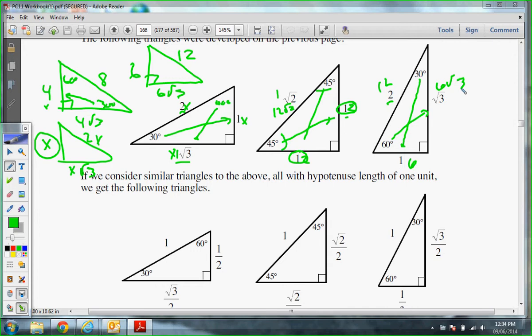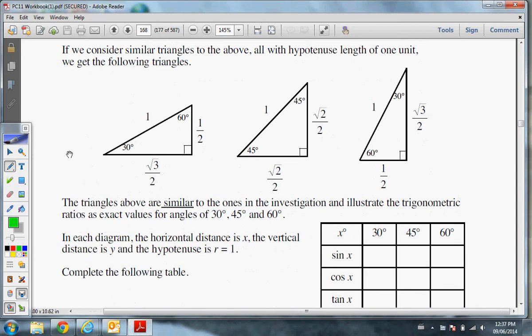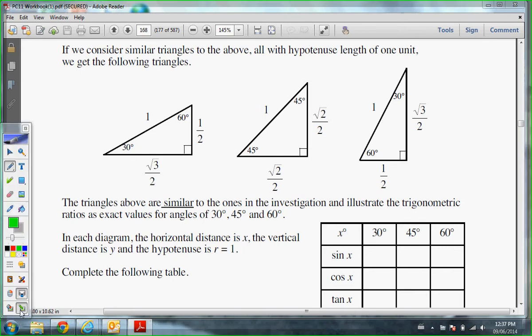All right, so then what they do is, if we consider similar triangles to the above, all the hypotenuse lengths of one unit will get the following triangle. So what they did was they said, okay, if this is 1, now work backwards and figure out what that would be.